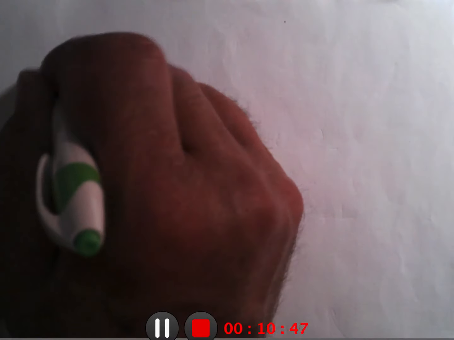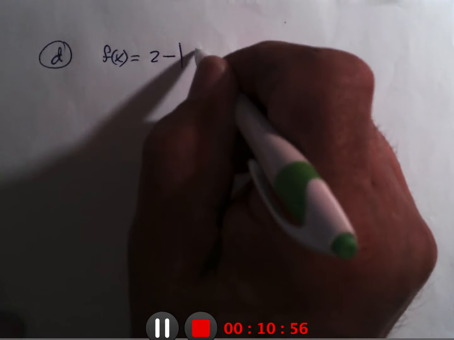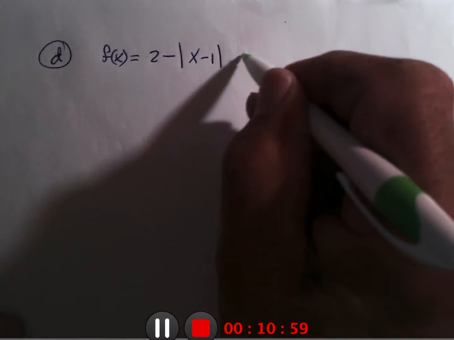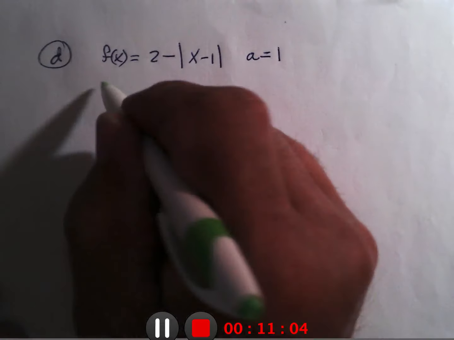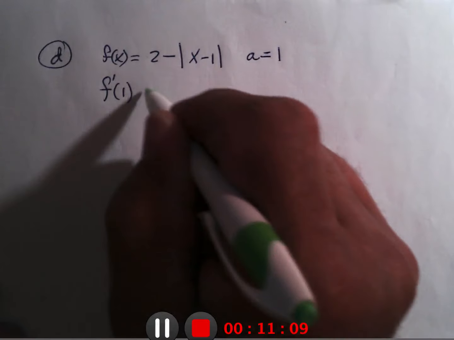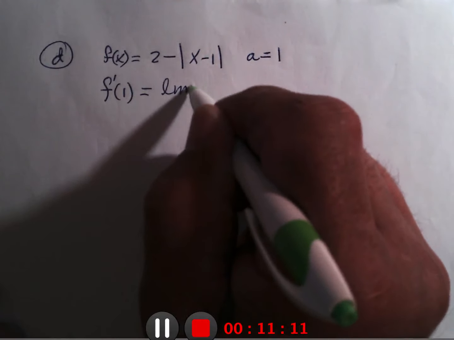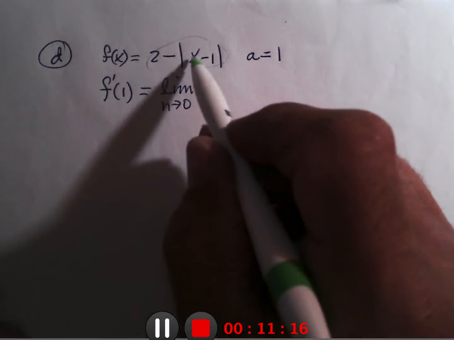let's go to here. D. D says f of x is 2 minus the absolute value of x minus 1. And we're supposed to find the slope of the tangent line at 1. So we're finding the instantaneous slope at 1. This has the definition of this with 1 plus h in place of the x.